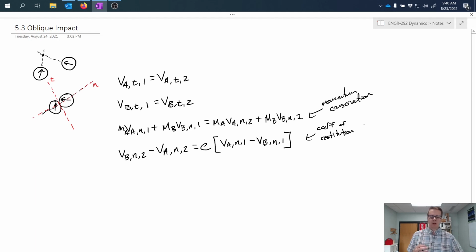Okay, so we have these four equations now, which we can see here. We have equation 1, 2, let's number them, 2, 3, and 4. And we have 4 unknowns.